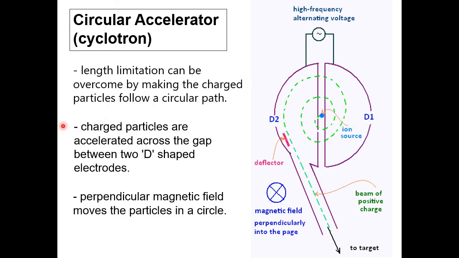Charged particles are accelerated across the gap between two D-shaped electrodes, and a perpendicular magnetic field moves the particles in a circle. This is the magnetic field, and this is the beam of positive charge, moving from D2 to D1, and this is the ion source.